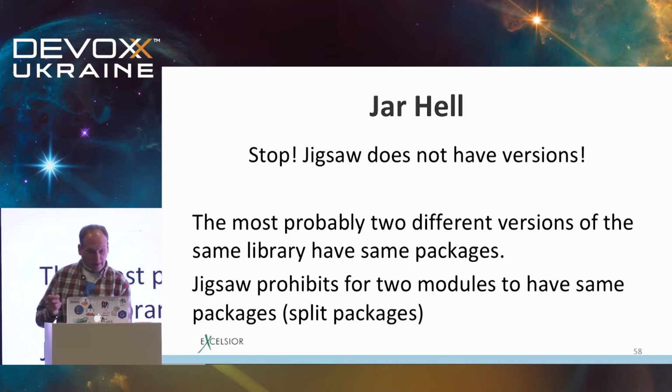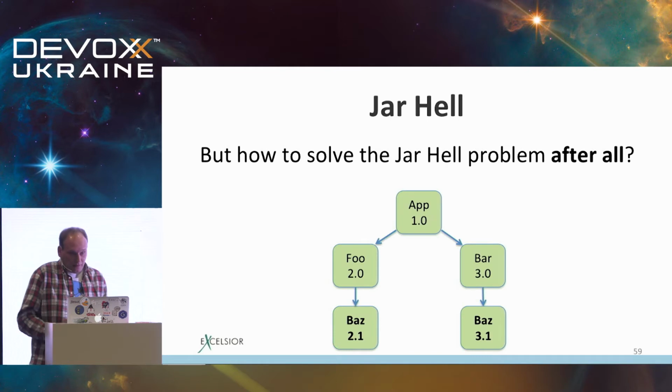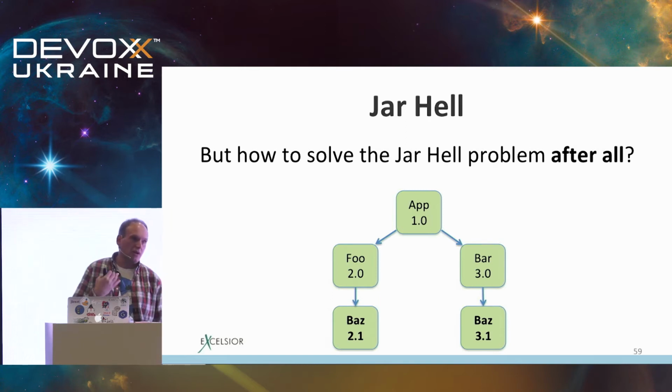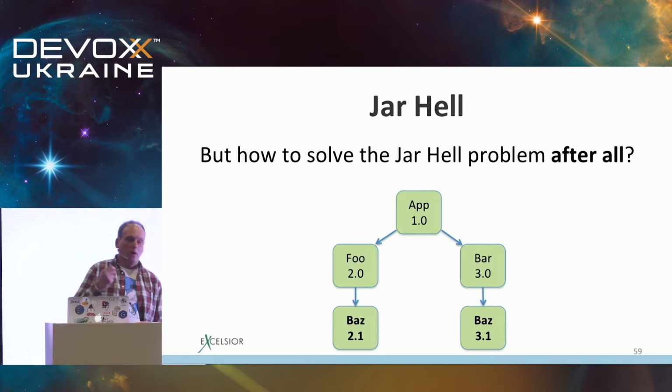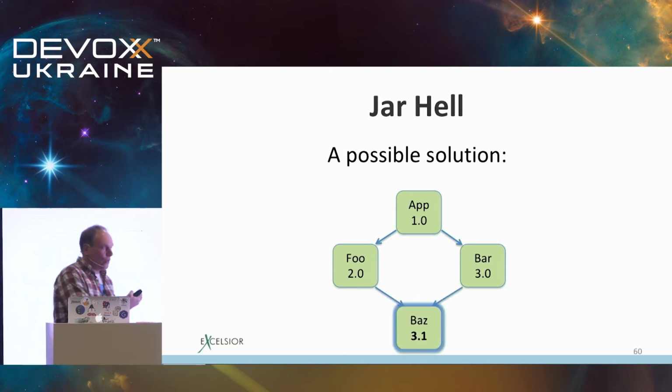OK, that's great that Jigsaw can detect this conflicting situation, but how to solve jar hell, after all? And now let's remember about backward compatibility again. Java, as a platform, has a backward compatibility feature, and it is natural to expect that libraries written in Java also follow the backward compatibility rule. So it sounds reasonable to resolve the situation by choosing the newest version of a conflicting library.